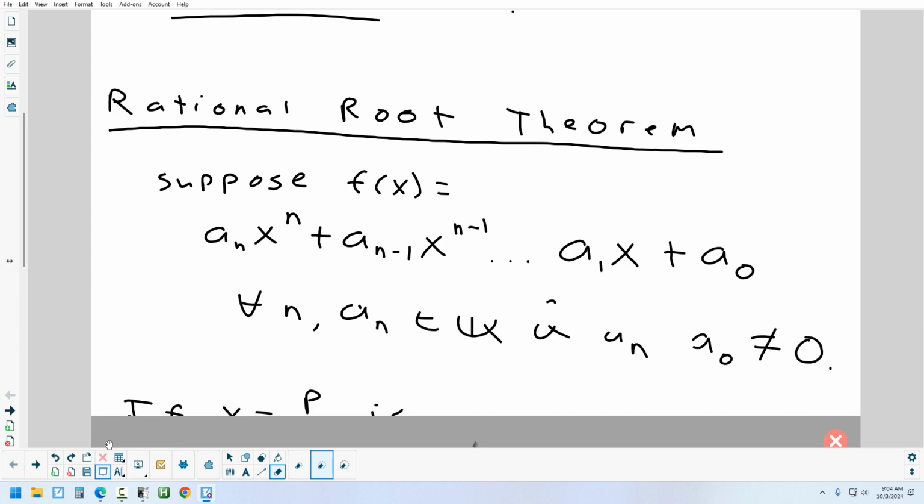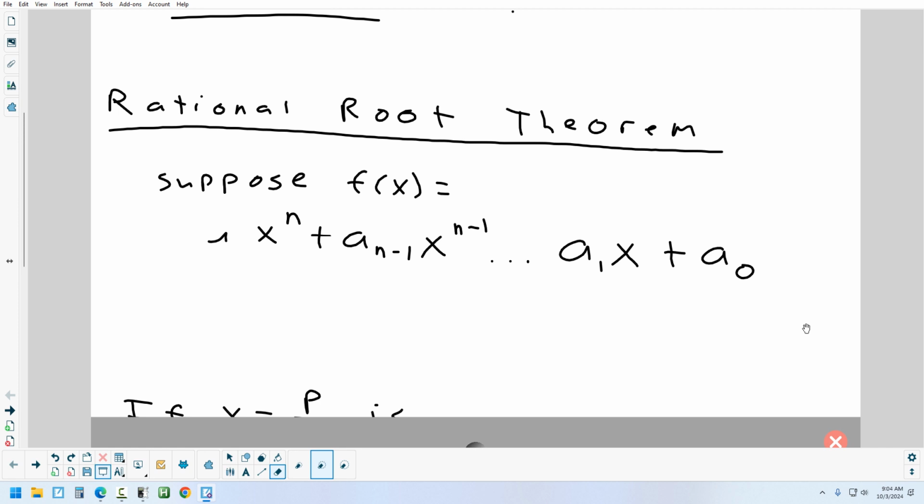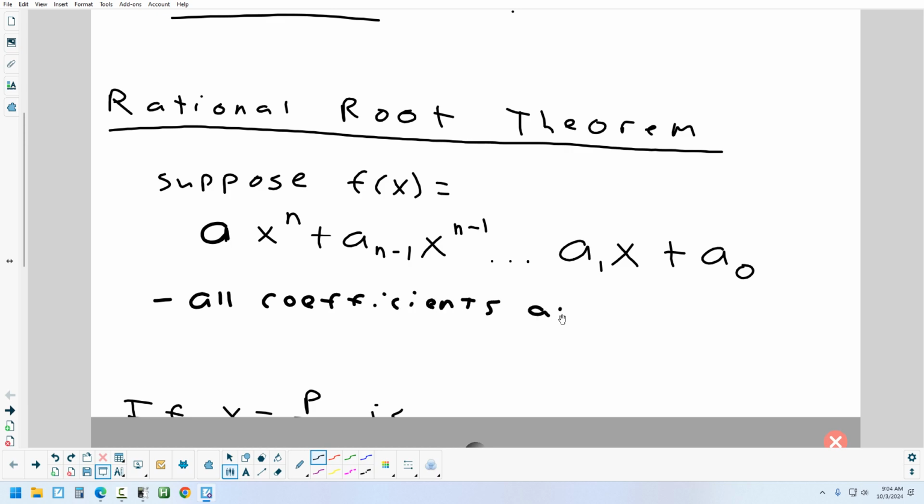Well, it says for all values of n, a sub n, the coefficients in front of all the letters are rational numbers. I could just write that in notes. So that says that all coefficients are rational.